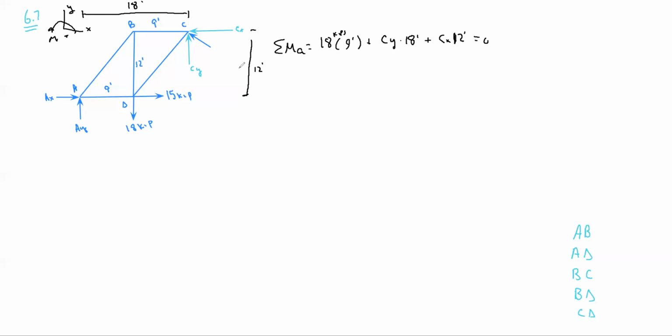So CX is equal to whatever the value of C is times the cosine of 36.87. CY is C times the sine of 36.87.